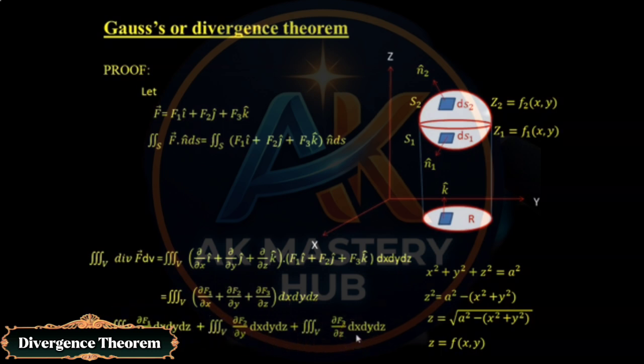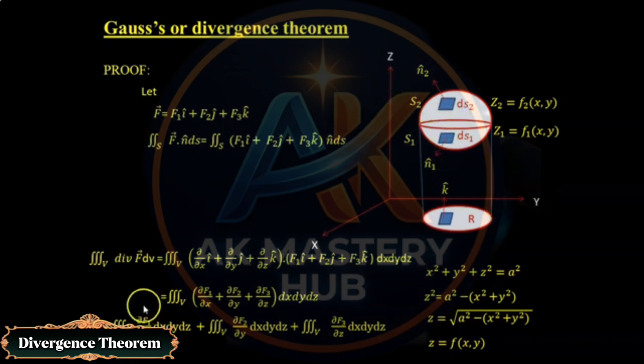Since we have taken the orthogonal projection on the xy plane, we are going to evaluate the last term of this equation. For this term and this term, we have to take the projection of this volume on the zx plane and zy plane.